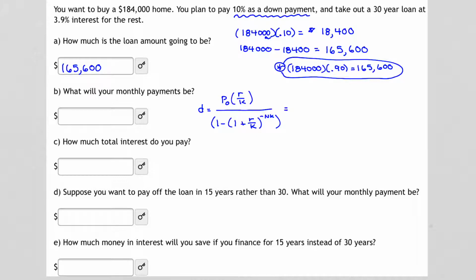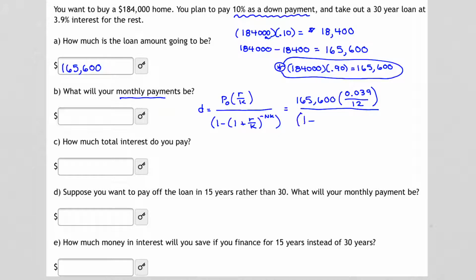P sub 0 is the amount of our loan, which is $165,600. R is our interest rate, which is 3.9% or 0.039. K is the number of times per year we're paying this amount, and we are looking for monthly payments, and so K is 12.